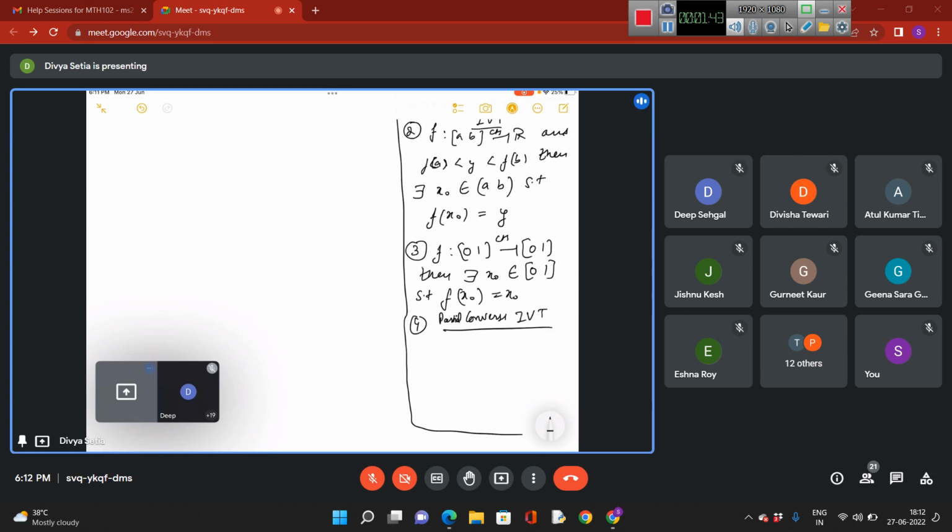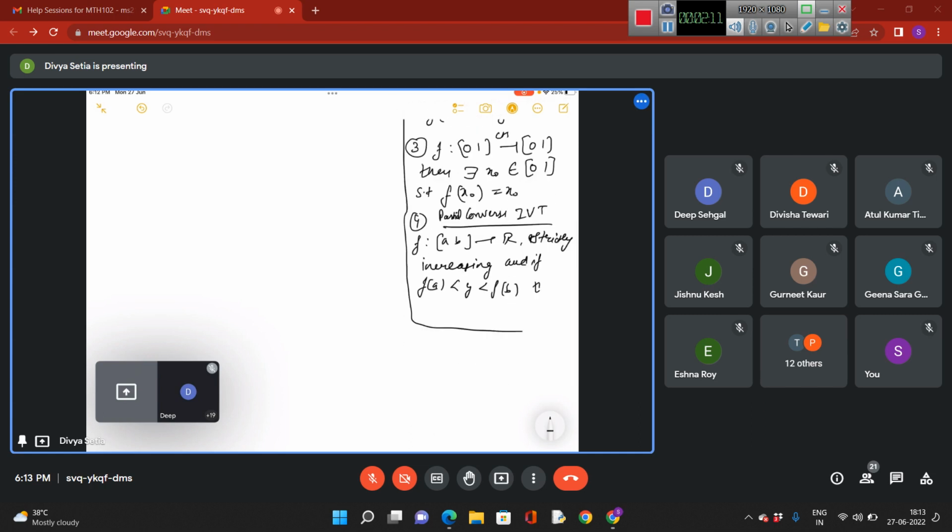The partial converse of IVT: if f is a function from AB to R, a strictly increasing function, and it has a property that if y lies between f of a and f of b, then there exists some x naught belonging to AB such that f of x naught is y.